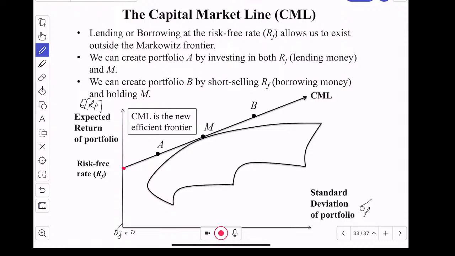Everybody okay with that? So this one is the risk-free rate with a standard deviation of 0.